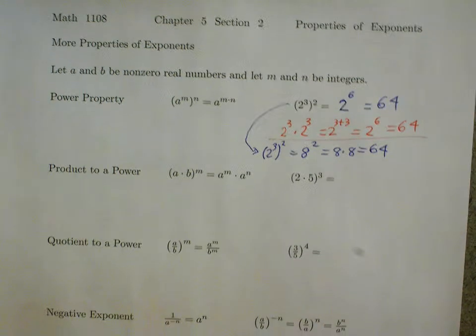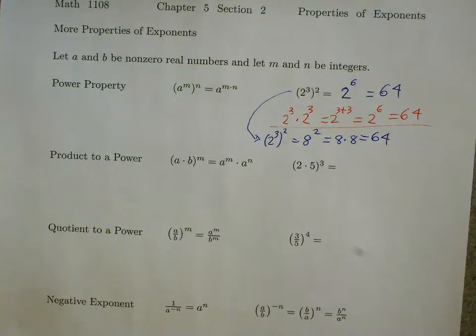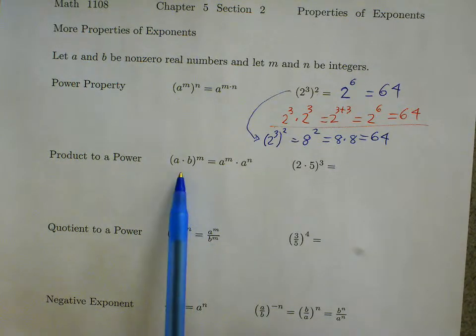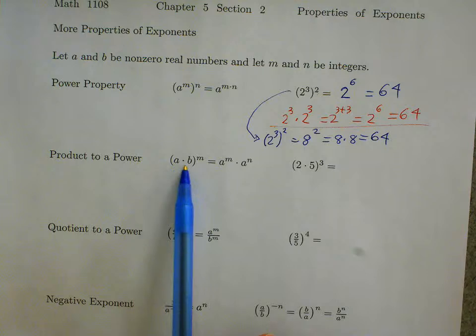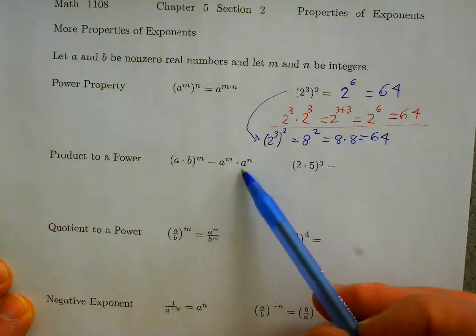Okay, the next property, product to a power. If we have a times b, that's a product inside parentheses, and the entire product is raised to the power m. So we can write this as a to the m times a to the n.